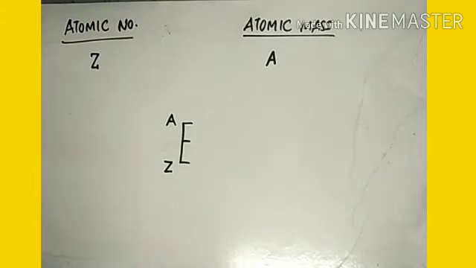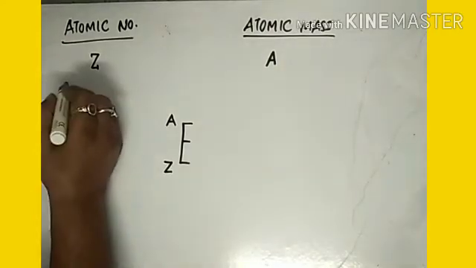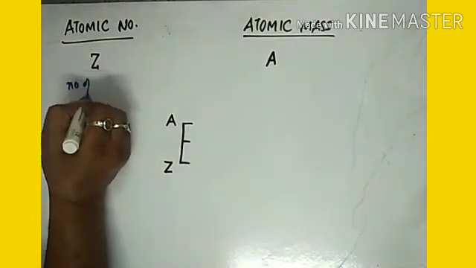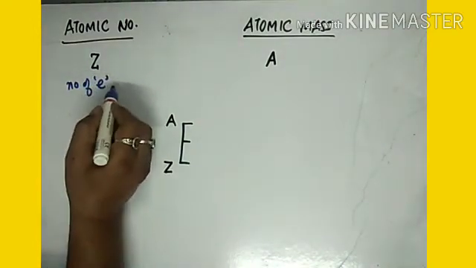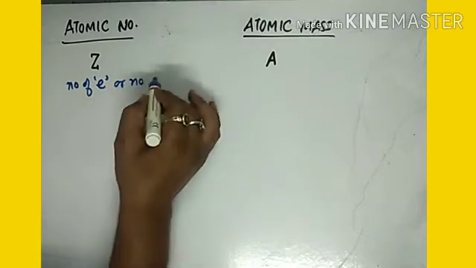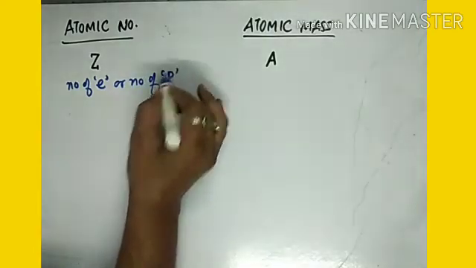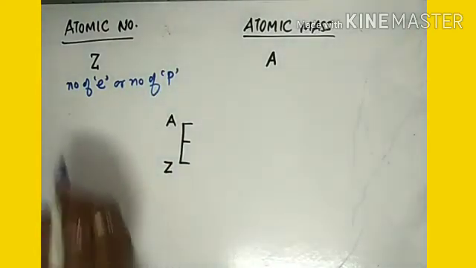So a very important thing is what exactly the atomic number is. We can consider the atomic number in a neutral atom. Then we can go for number of electrons or number of protons. Clear?